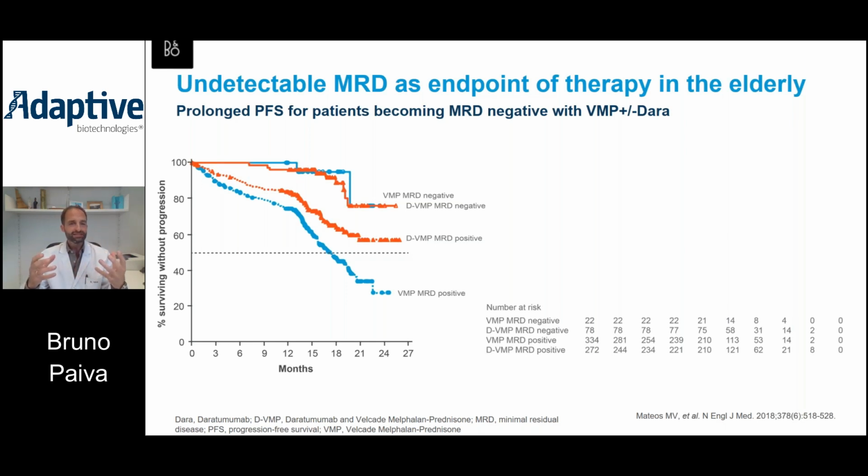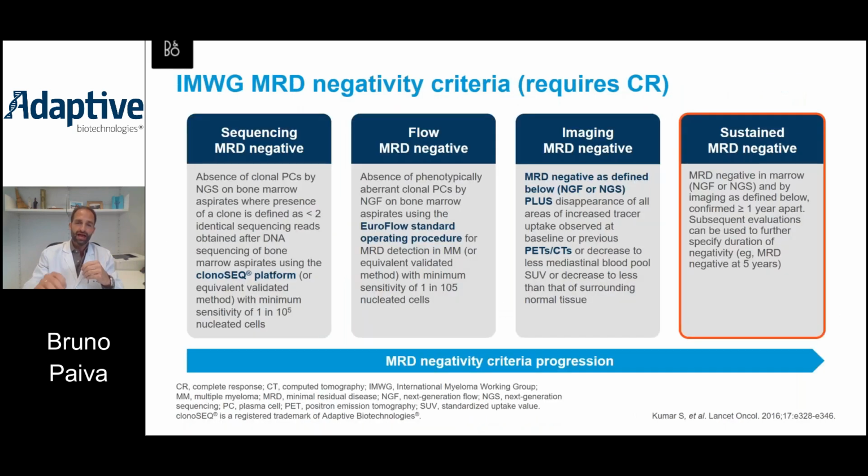This is really emphasizing that MRD is so powerful that it doesn't matter the road you take to get an MRD negative result. It just matters that MRD negativity needs to be achieved with next generation techniques, high sensitivity, and ideally sustained over time.